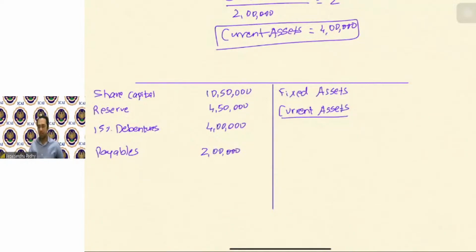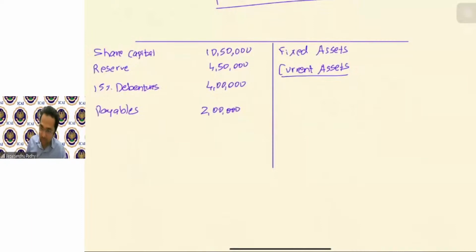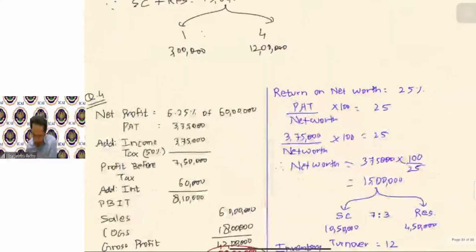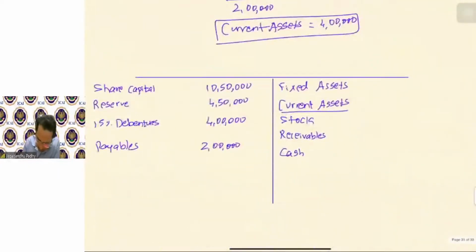Now, in the fixed assets, we haven't computed anything, but in current assets, we are going to have the stock or the inventory, then the receivables, then the cash. Stock inventory we have computed, right? Inventory was 1 lakh 50,000.